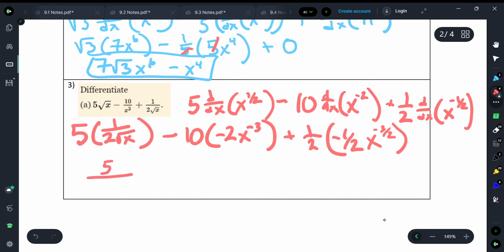So we got this here, okay? We got a negative 10 and a negative 2, which is going to be 20, and that x to the negative third power goes to the bottom, and that's going to be x to the third power. Hopefully you can see that nicely. So x to the third power.